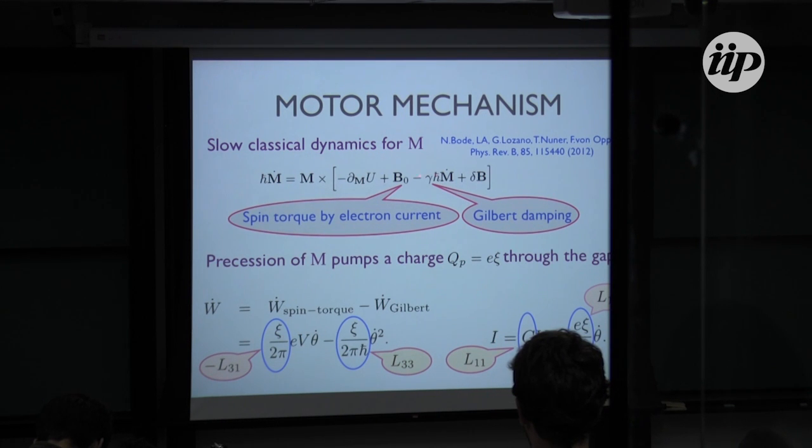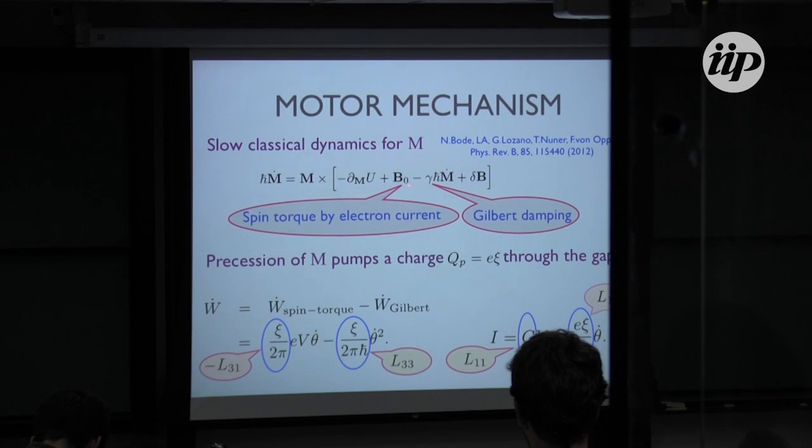It is a classical equation which contains this conservative potential term. This is the effect of the spin torque. This is a fictitious magnetic field which is induced by the fact that there is a current flowing, and this current supports the magnetic moments due to the spin of the electrons.